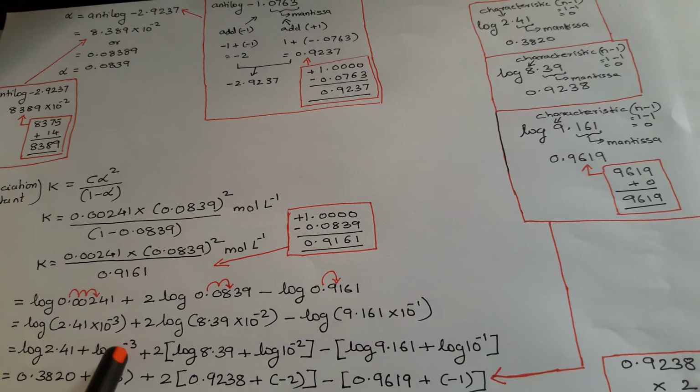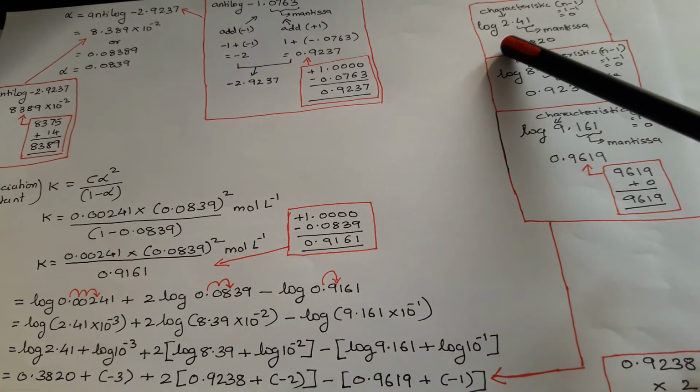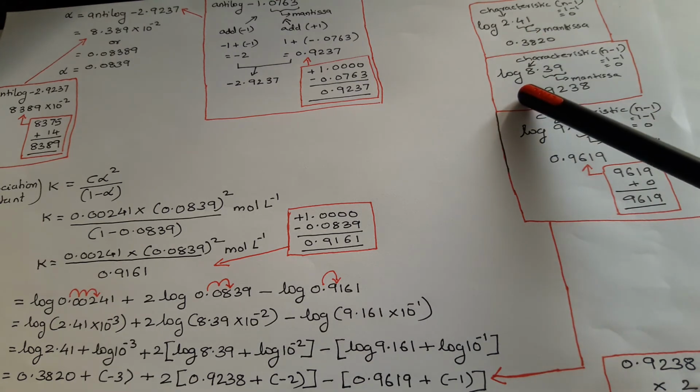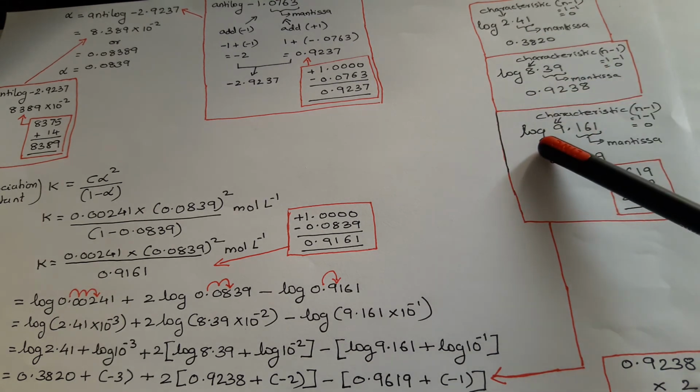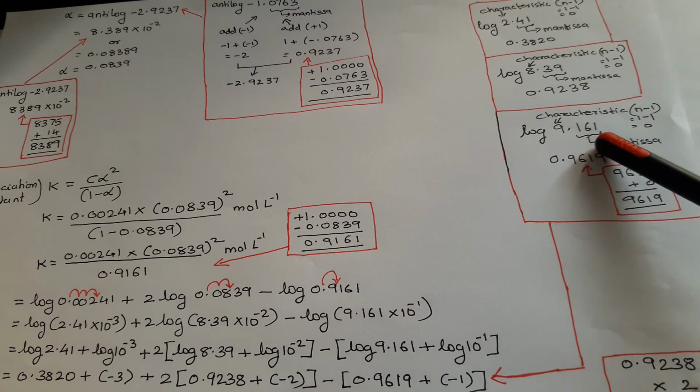Log of 10 raised to minus 3 is minus 3. Similarly, log of 10 raised to minus 2 is minus 2, and log of 10 raised to minus 1 is minus 1. Using log table, we find log of 2.41, log of 8.39, log of 9.161.